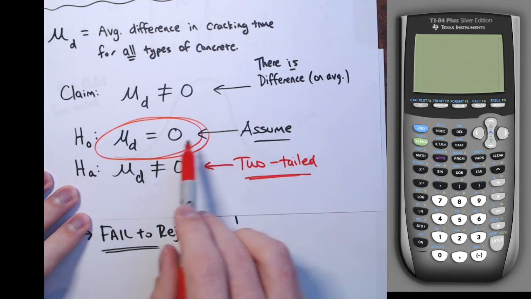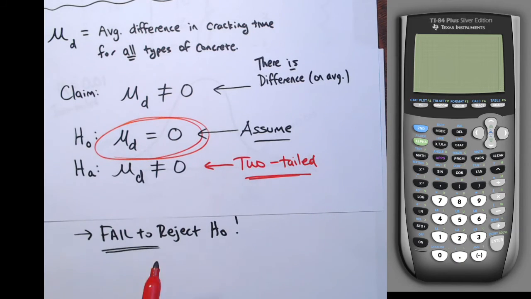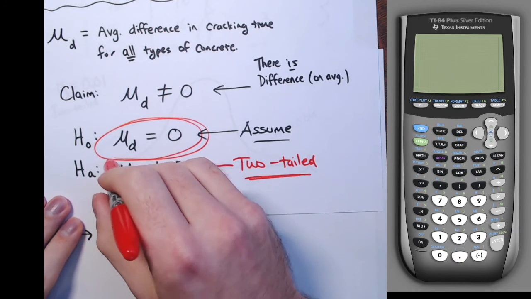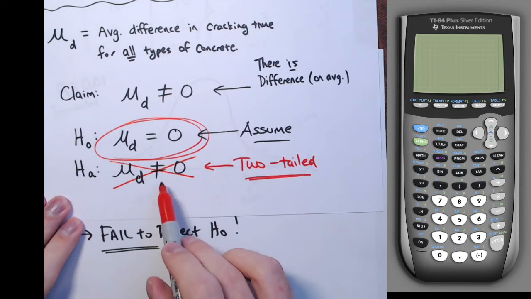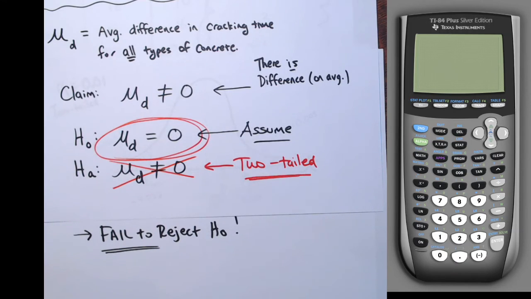So I'm keeping this statement that there is no difference on average between rebar cracking times and fiber cracking times. And if we're not rejecting this, that means we are not supporting the alternate, and that was the claim, that there was a difference between the times on average. We're not supporting that. We're not saying that.